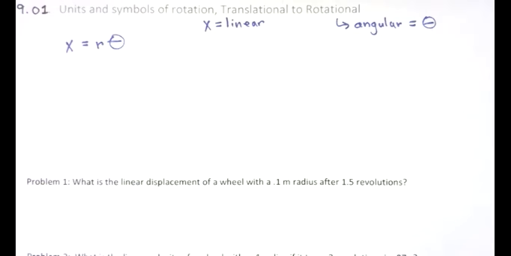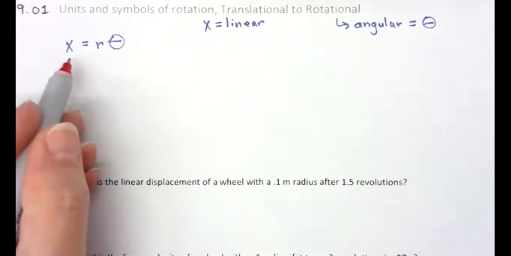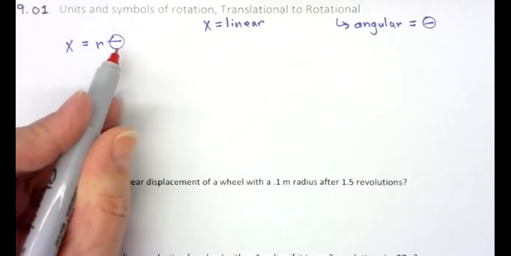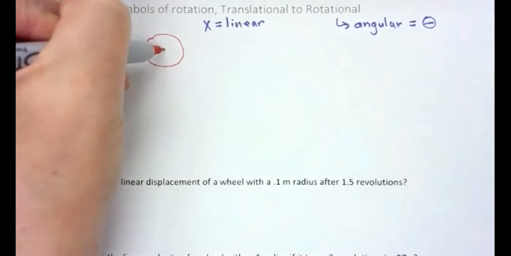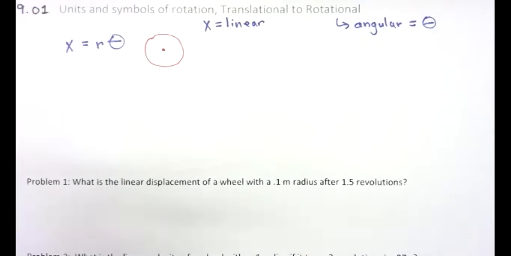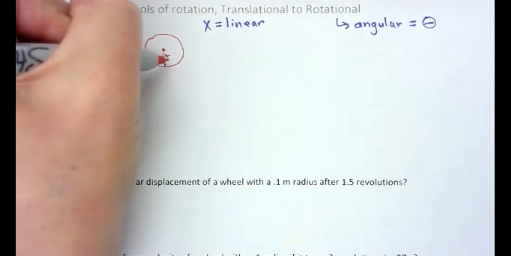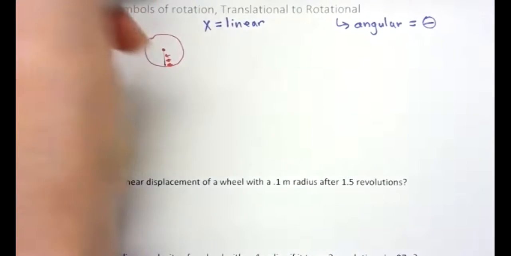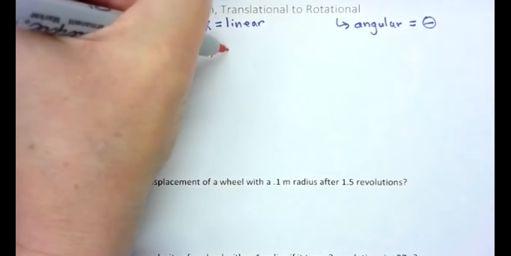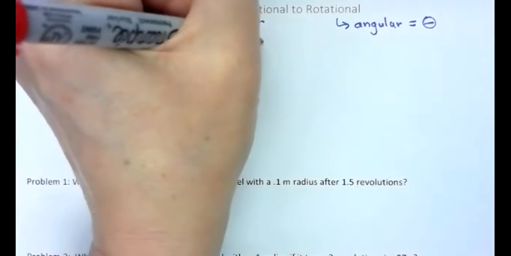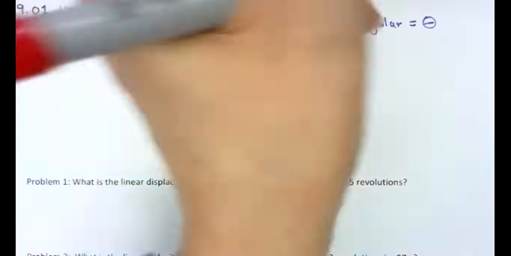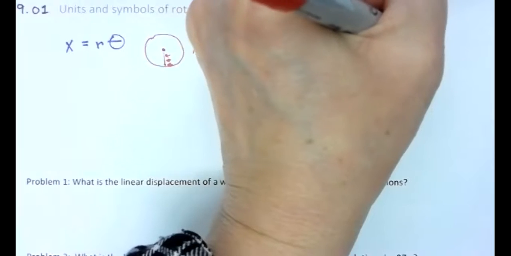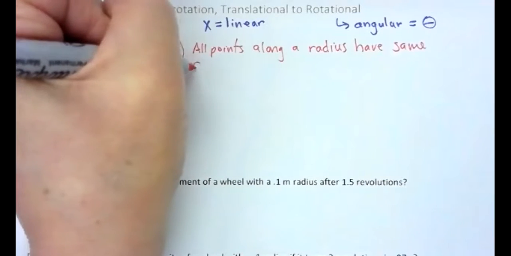And while this is going to vary for every point on the spoke, what we see is for angular values, all points, so if I have a circle here, and I've got a radius, if I have a point here, or here, or here, all points along a radius have the same angular values.